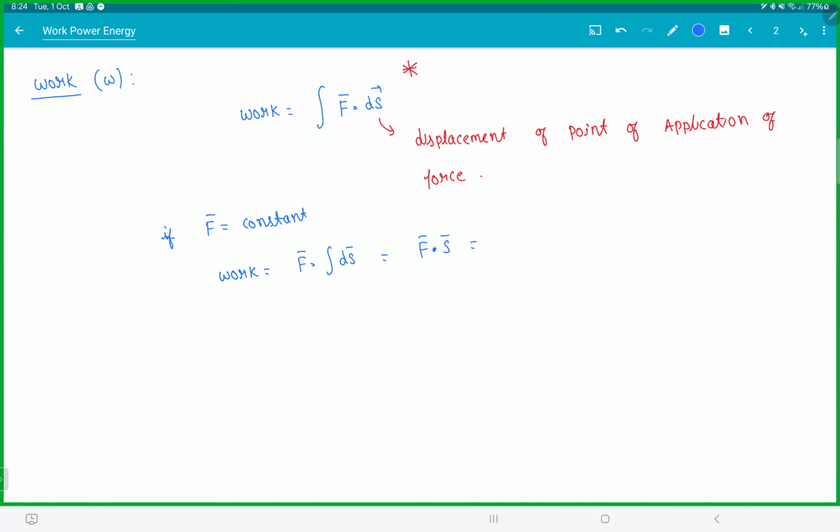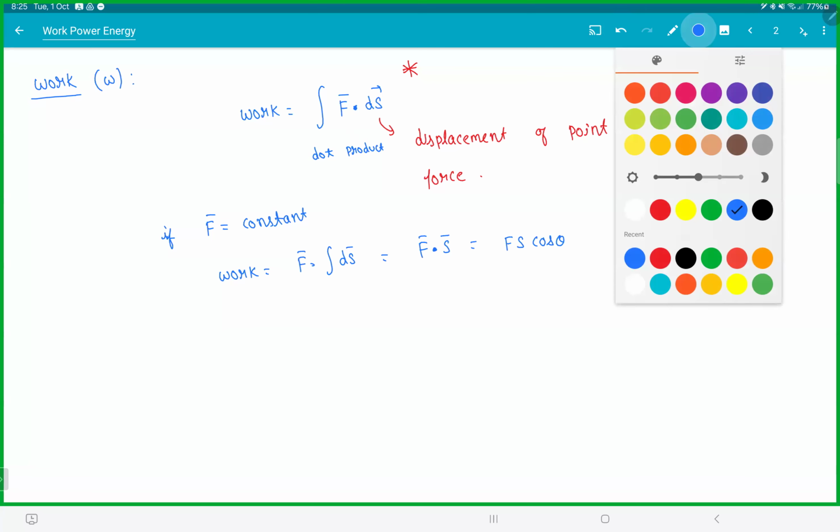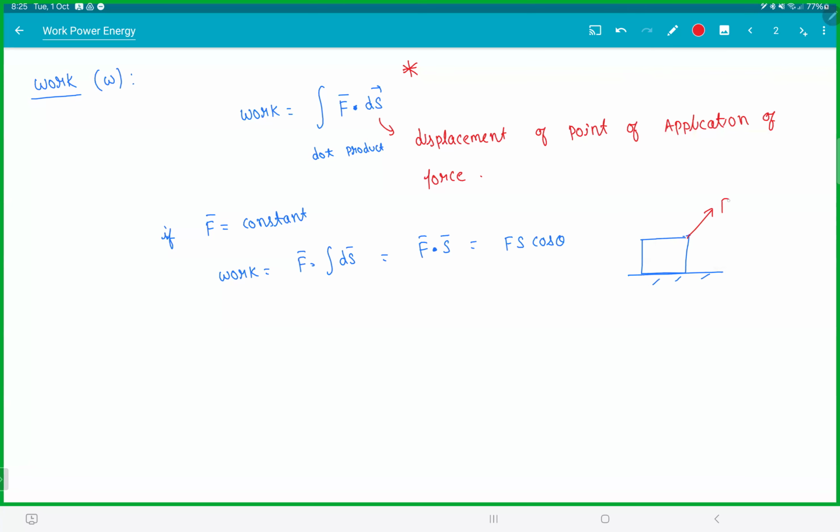That's a dot product. Then it becomes F s cos theta. Work done is force into displacement into cos theta. So if this is force, this is displacement, and this is theta.